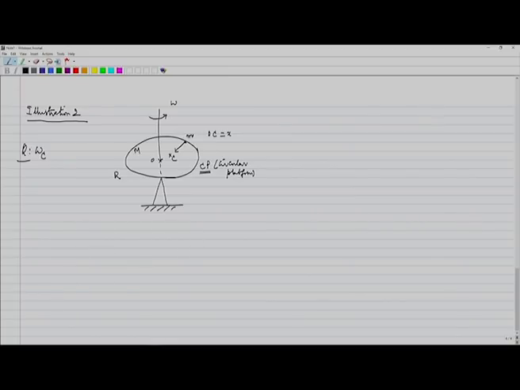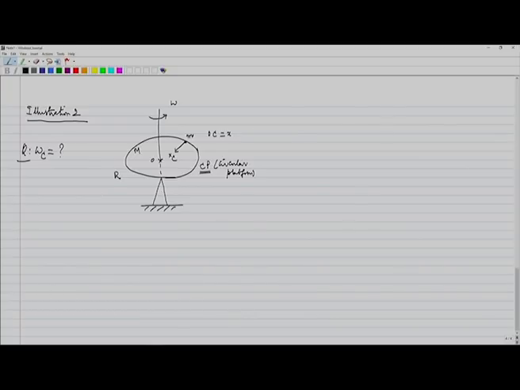A mass small m begins to move towards the center. Initially it is at the rim of this circular platform. You are required to calculate the angular velocity of the entire object when it reaches C. That is the question.